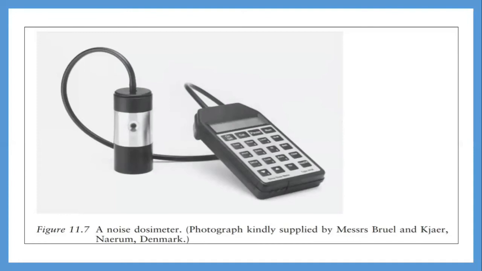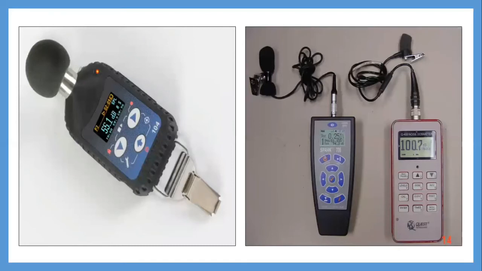For example, garbage collectors, factory supervisors, and agricultural workers are all exposed to varying noise levels during the course of their work, and an integrated value of their total noise exposure is often more meaningful than isolated measurements made during a particular work activity. So this is a clearer and more modern view of noise dosimeters.